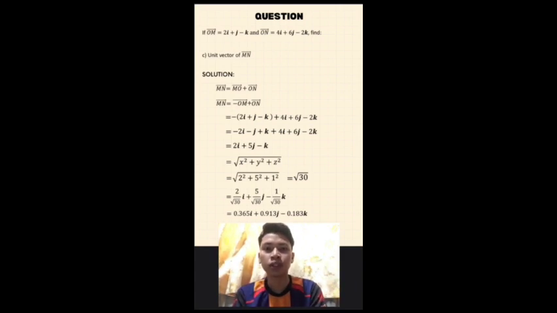So 2 over square root 30 i plus 5 over square root 30 j minus 1 over square root 30 k.